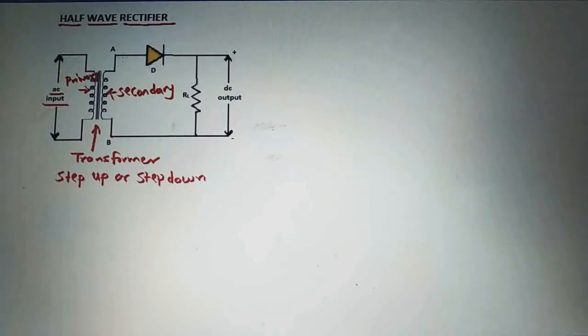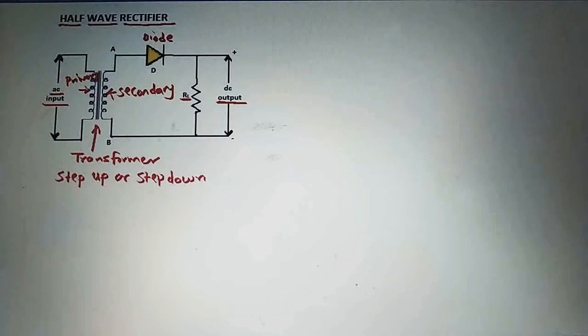After that, to this secondary winding of a transformer, a diode is connected in series with the load resistance RL, and across this load resistance RL we will take the DC output.